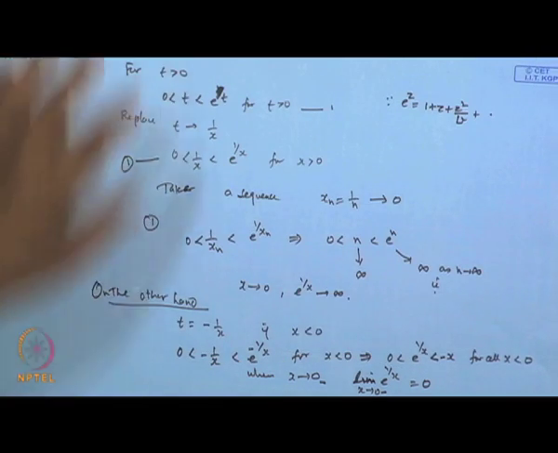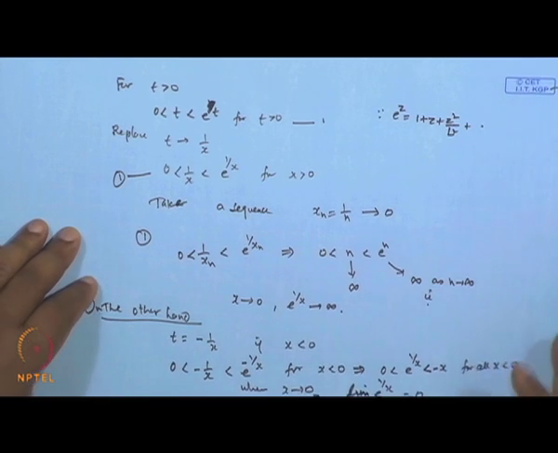So, the existence of the left or right hand limit depends on the function. And when both these limits coincide, then we say the function has a limit at the point x is 0. Okay.